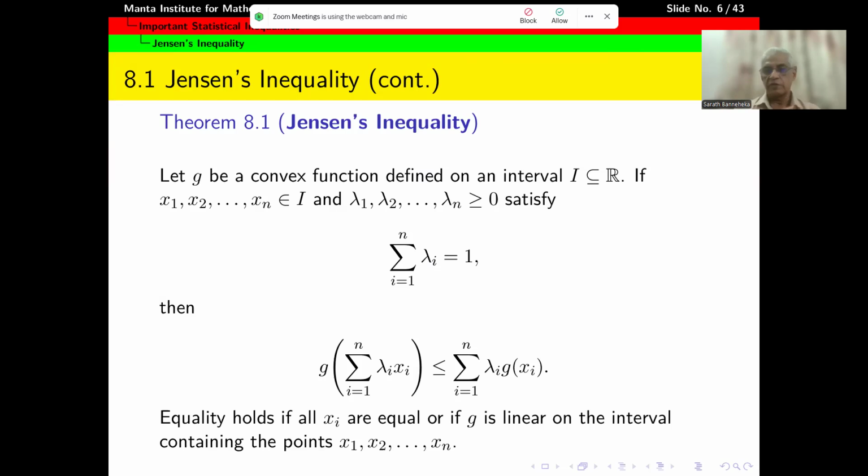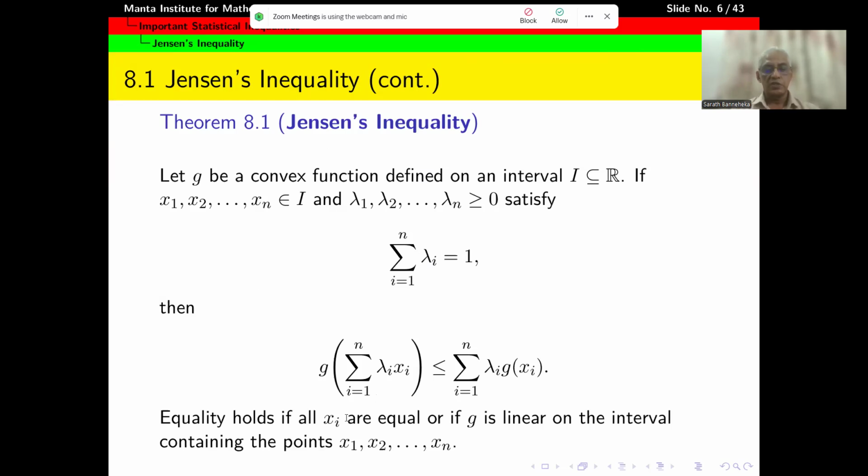In the previous case also we were looking at a particular situation, lambda and 1 minus lambda, where the sum of those two numbers is again equal to 1. In this case, we are considering n values satisfying the sum of lambdas equal to 1.